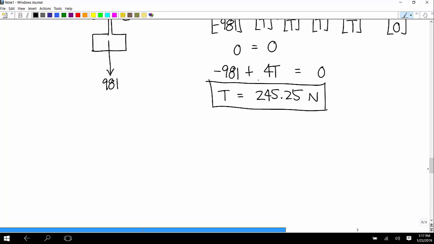Now there is not a sign convention, there's a naming convention that we're going to use for force vectors with unknown directions.